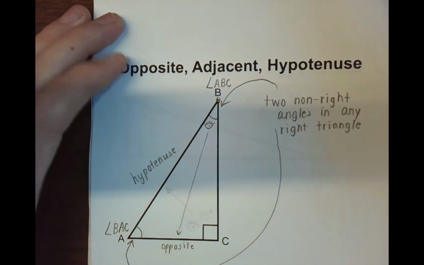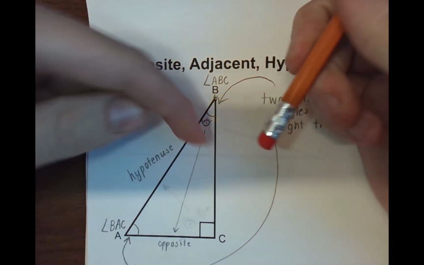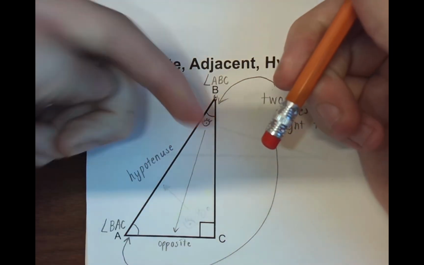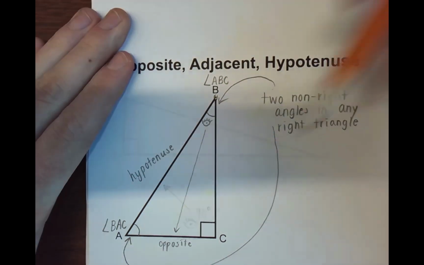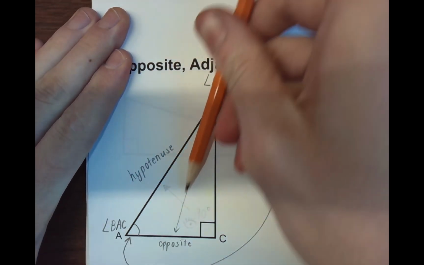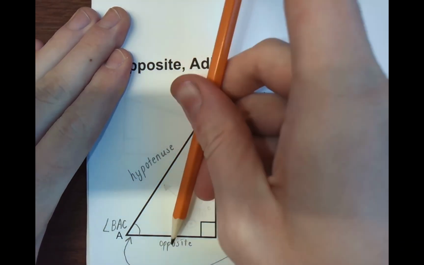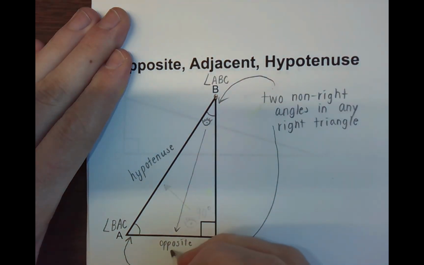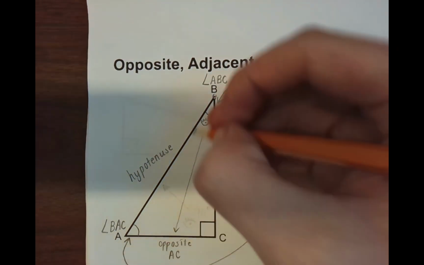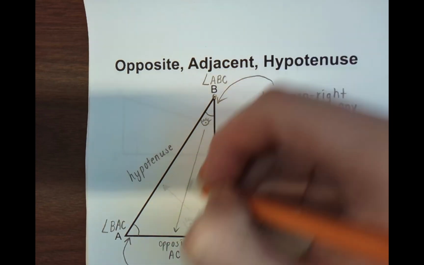Because see how if I was standing right there and facing away from the angle, I would be looking directly at this side, AC. And so that's why I call that the opposite side.